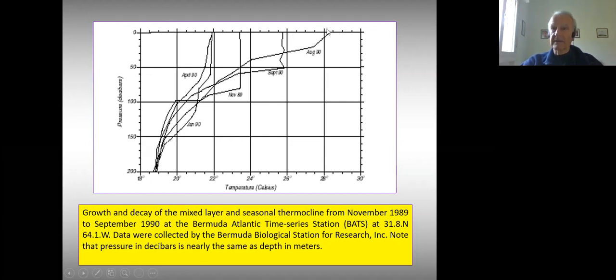In August, we have a maximum temperature at the surface. In this specific place, we have about 29 degrees in a very thin surface layer. So it goes quickly down, and after 150 meters reaches the minimum, which is around 18, 19 degrees. So you have a drop of the seawater temperature from 29 to 19, so 10 degrees in 200 meters.